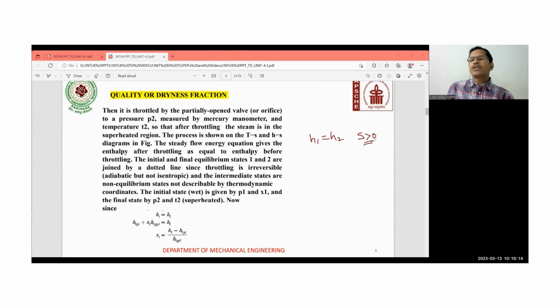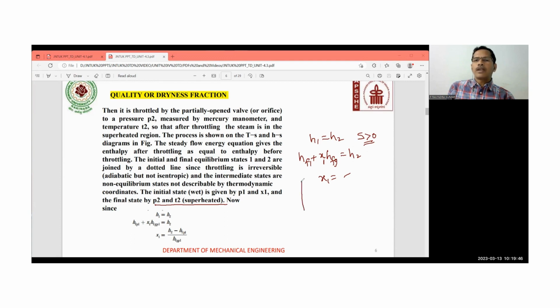That means the entropy is going to increase slightly in a throttle valve. So H1 becomes HF1 plus quality of steam into HFG, and H2 is in the superheated region. With this, you can find out the quality of a steam from this experimental setup, using the point P2 and T2 in the superheated region.